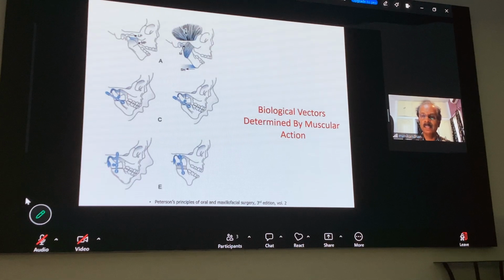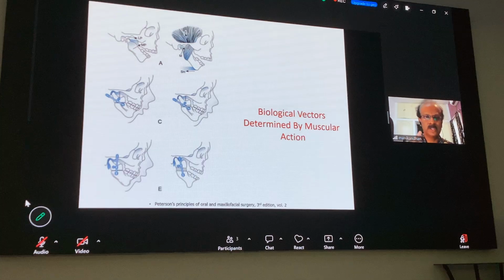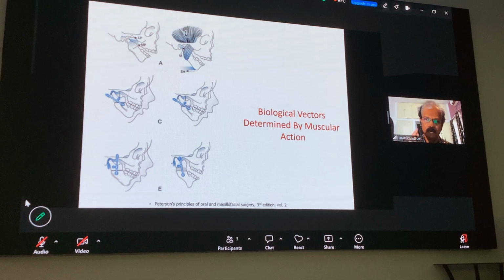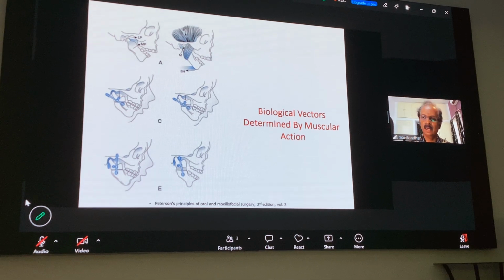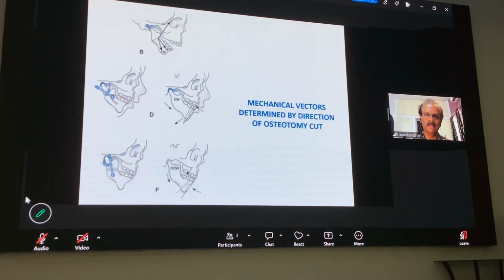So remember, these vectors are also influenced by the muscles around the bones. Remember again, the vector also is being influenced by the muscles around the area.